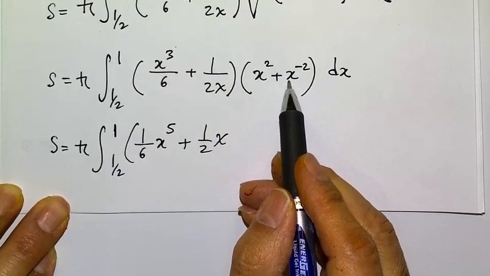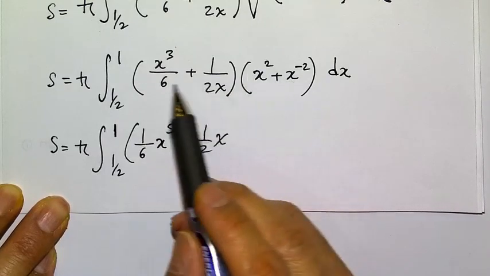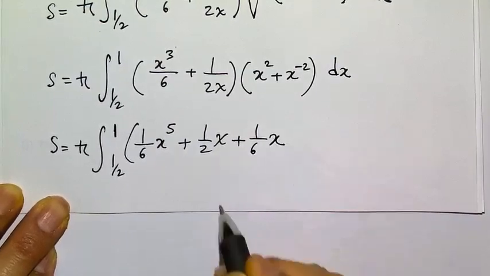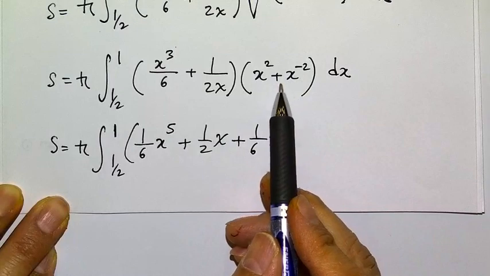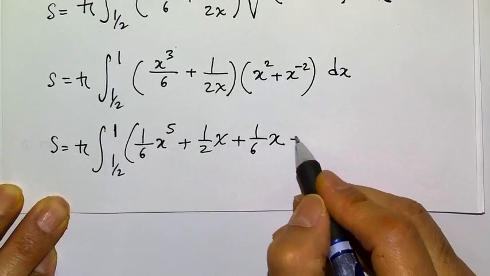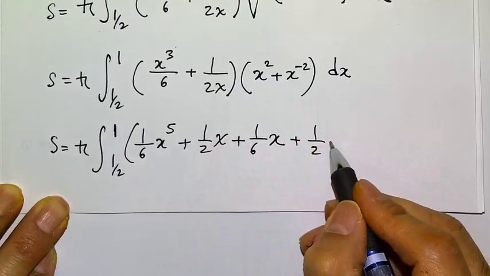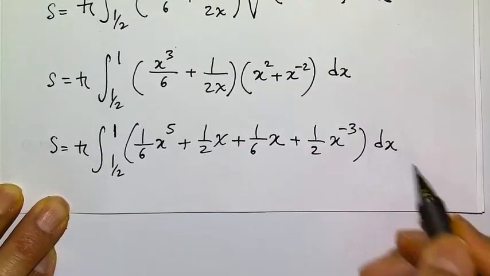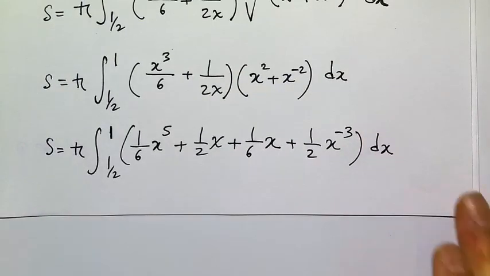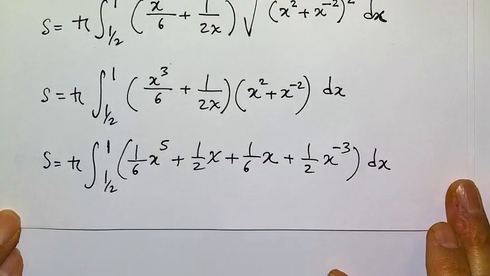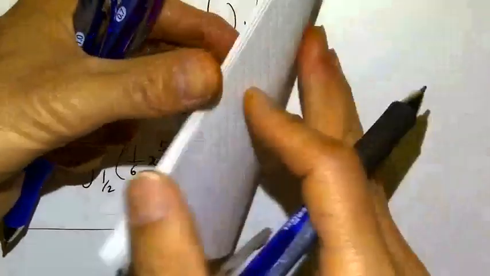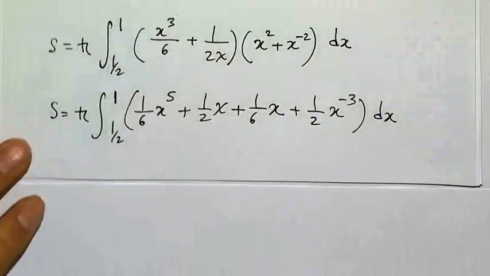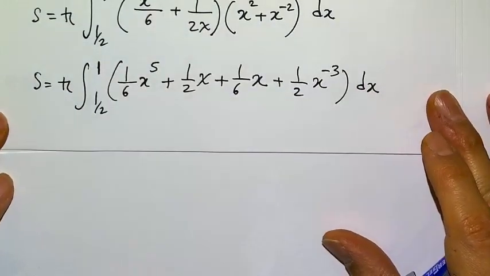Now distribute this, we will get 1/6 times x, and then of course this would be 1/2 times x to the minus 3 power. All of that dx, right? So after distributing the terms, these are individual terms in x, which should be easy for us to combine and take the integral of.